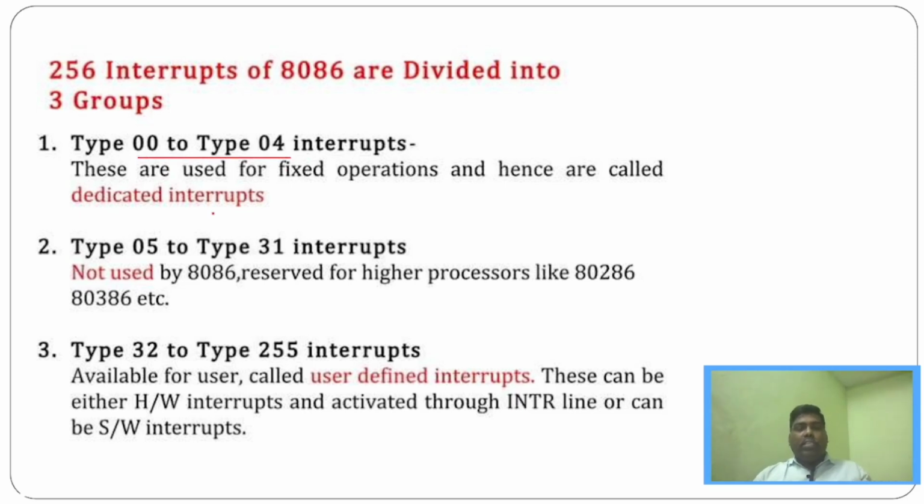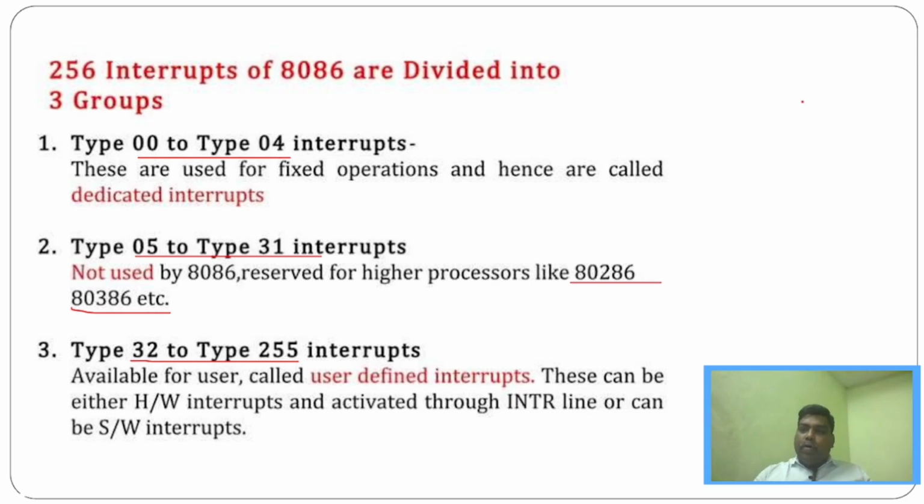So those are called dedicated interrupts. And 5 to 31 are not used by 8086, but are used by higher processors, like 80286, 80386. And the last one is user defined interrupt, from 32 to 255, where a programmer can define their interrupt program.